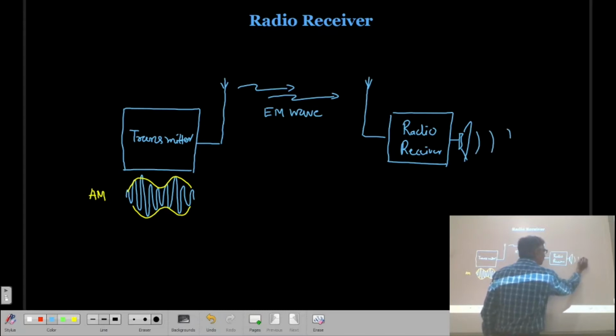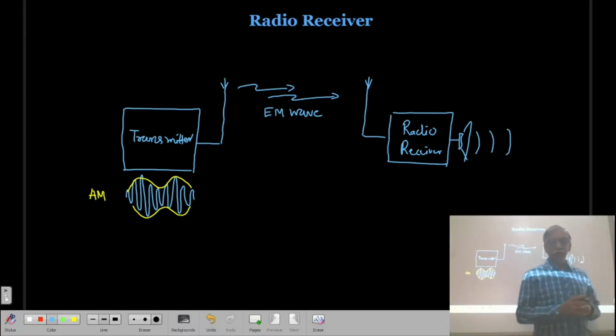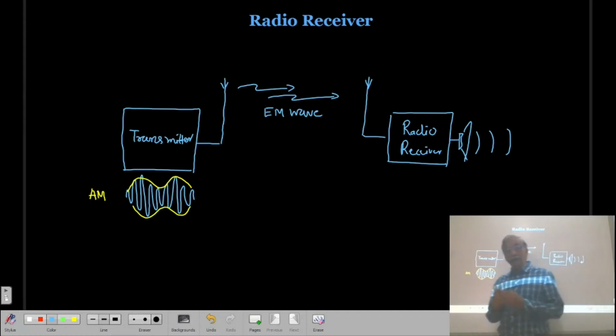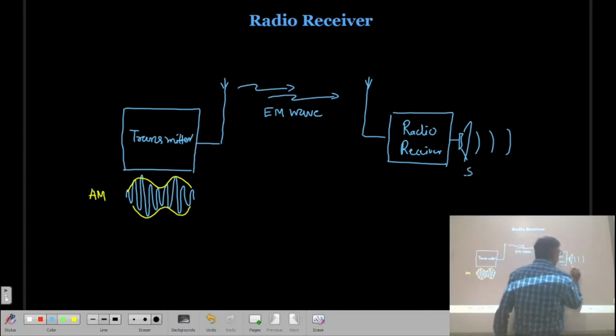So here you will receive the information. In this way, the information is transmitted by the transmitter in the form of an electromagnetic wave, and the radio receiver receives the information in the form of the electromagnetic wave. It converts your electromagnetic wave into a sound wave.